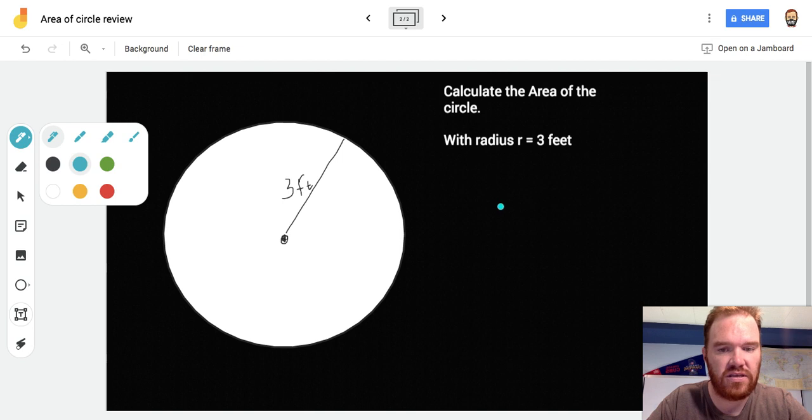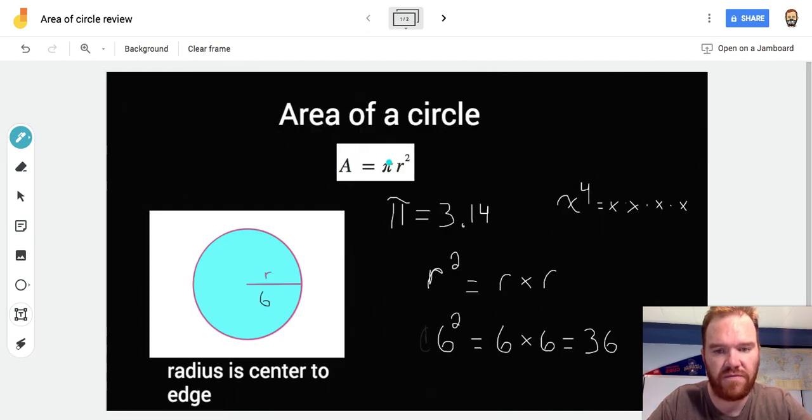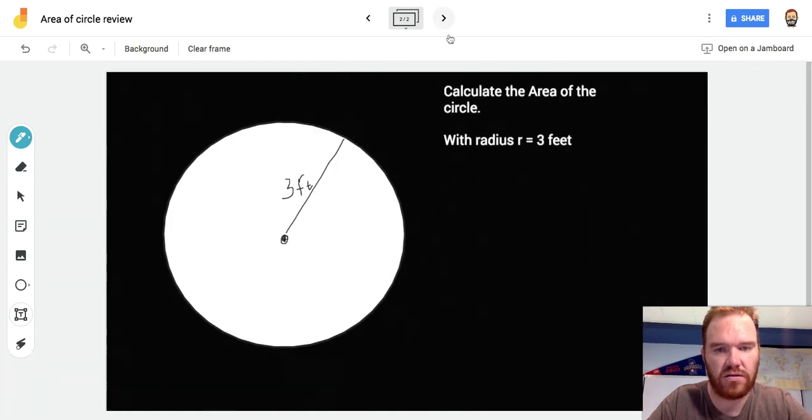Now I'm going to calculate. What's my formula for area of a circle? Area is pi r squared. I'm going to write out my area formula so that I remember and get used to it.